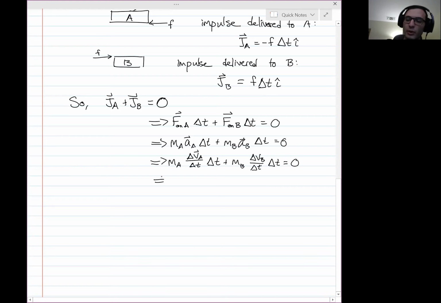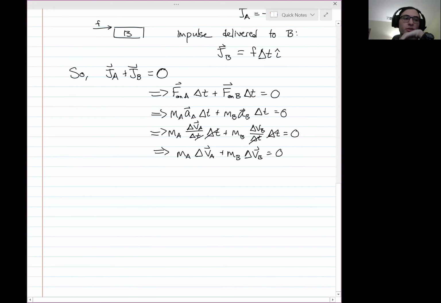And so what we get is M_A times delta V_A, dividing through by, or canceling out the dTs, plus M_B delta V_B. That's equal to 0. And now we're going to assume that the mass of the objects is fixed. It's a reasonable assumption. The books aren't gaining or losing mass.